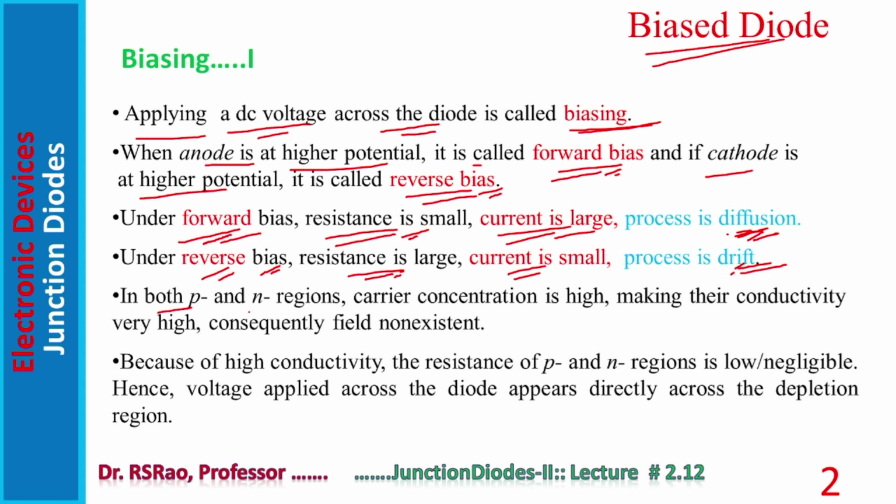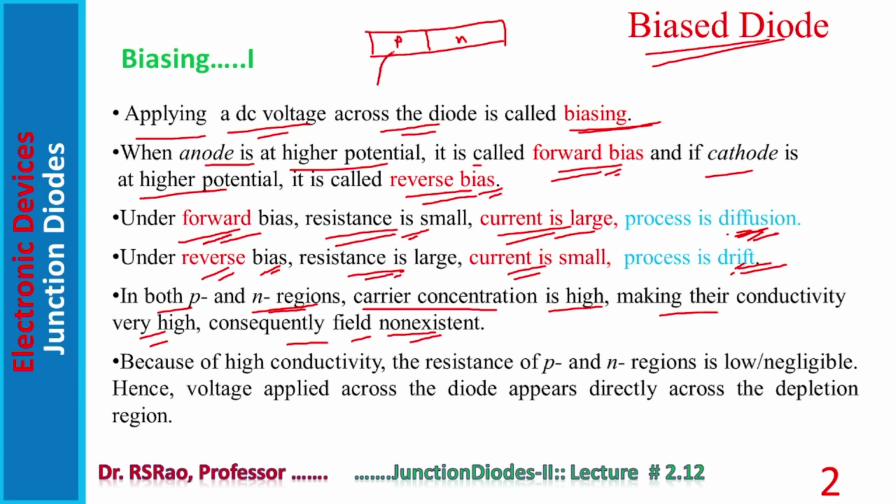In both P and N regions, carrier concentration is high, making their conductivity extremely high. Consequently, field in these regions is non-existent, negligible. So what he is trying to tell is, consider a diode with P region on the left side and N region on the right side.